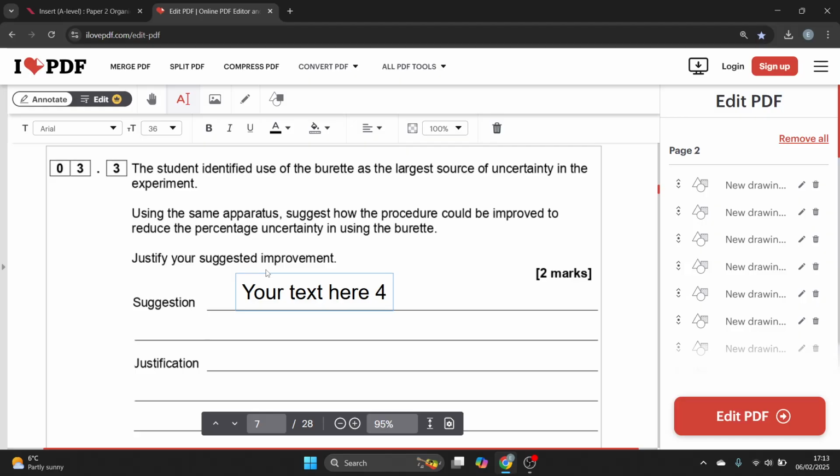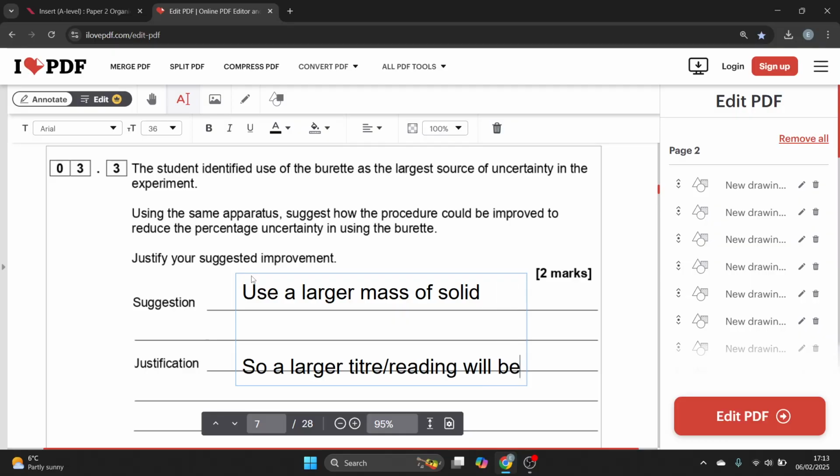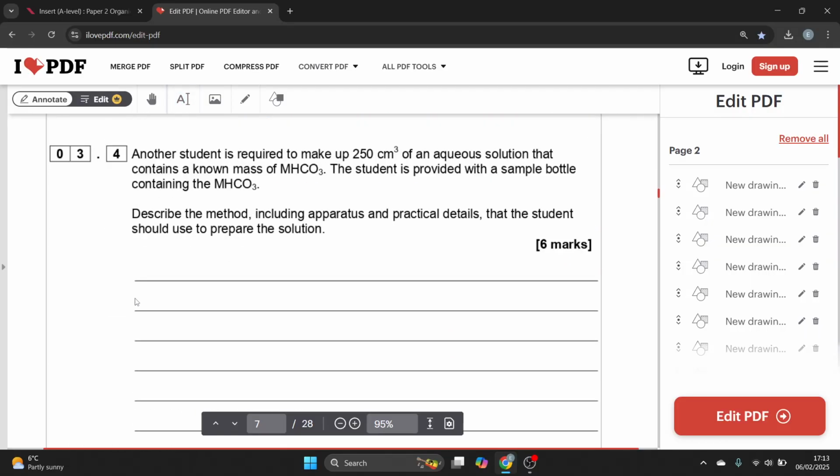Okay, classic question. Use a larger mass of solid. That's really it. Use a larger mass of solid. How does this justify it? Well, a larger titre reading will be needed, so the percentage uncertainty is smaller.